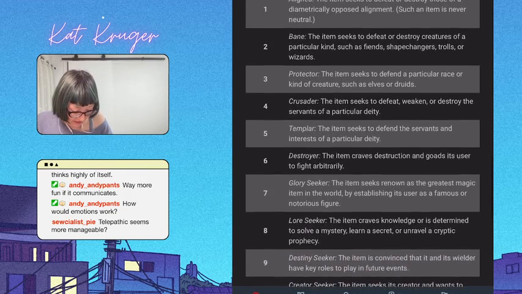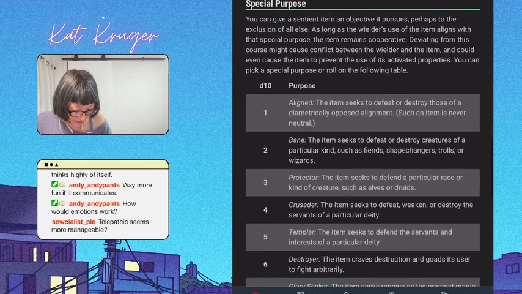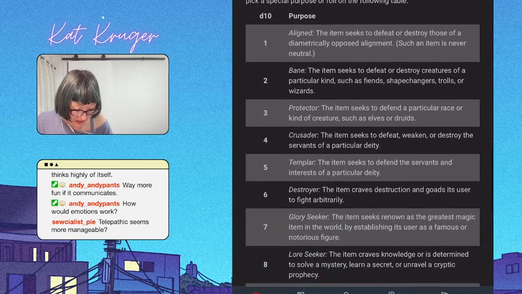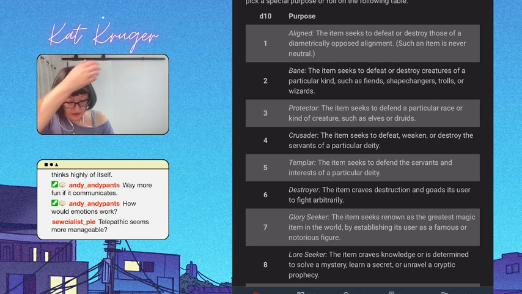So we have a lot of examples here. I can go through some of them. This item can either seek to defeat or destroy those diametrically opposed in alignment. That doesn't seem like something I'd be interested in pursuing for this item.